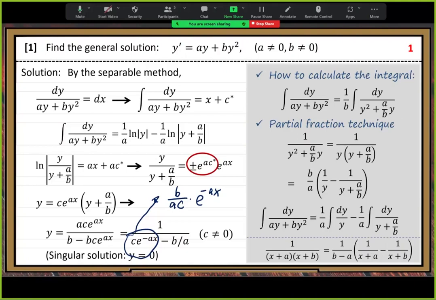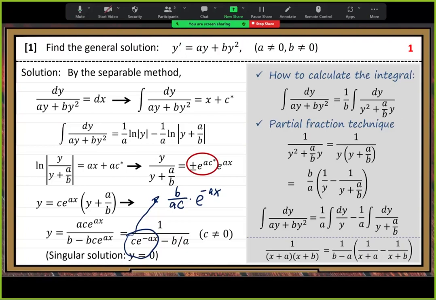But for a concrete number, whatever it is, the whole fraction is not 0. So you can see it's a singular solution. This is a concrete example of how we get a singular solution. Any question? So that's the whole example.